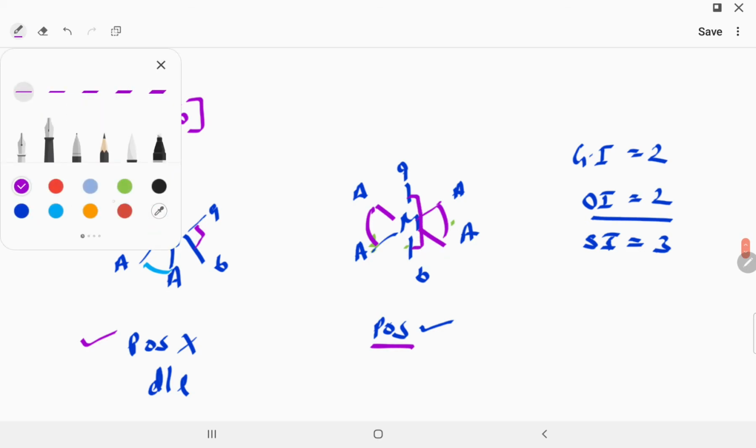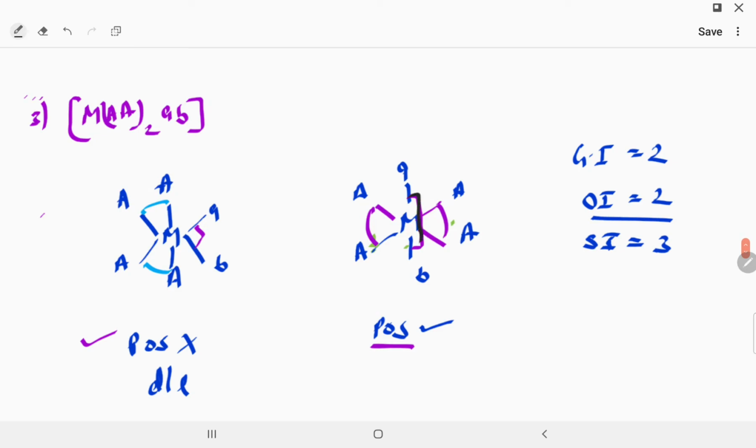If you see that I make this a black line, we can cut along this line, so we have a POS plane. We can cut into 2 equal halves, so this will show 2 geometrical, and optical will show, the first one shows optical also. So total stereoisomers: 1 from this and 2 from this, total is 3.